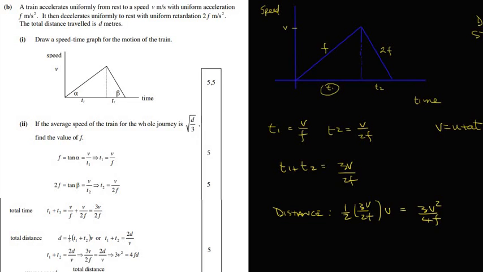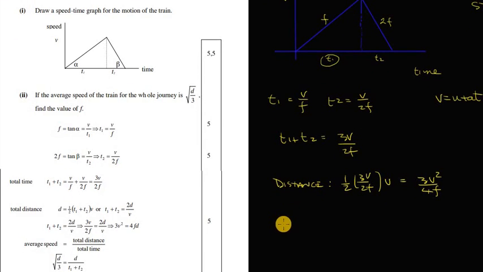Now at this point, I think I'm equipped to look at what my average speed is. I'm told that average speed is equal to root d over 3. Root d over 3 is equal to distance over time. And my distance is equal to 3v squared over 4f, divided by my total time, which is equal to 3v over 2f.